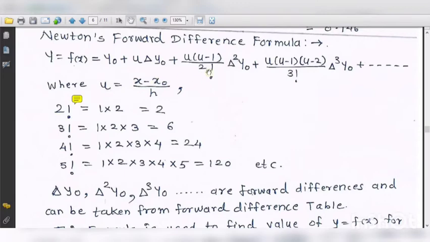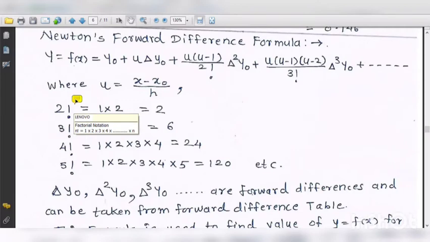Now here we use 2 factorial, 3 factorial and all this. So what are these? These are the factorial notations. What is the definition of a factorial notation? In general, n factorial we can obtain as the product of first n numbers. I am saying first n numbers starting from 1, not 0.